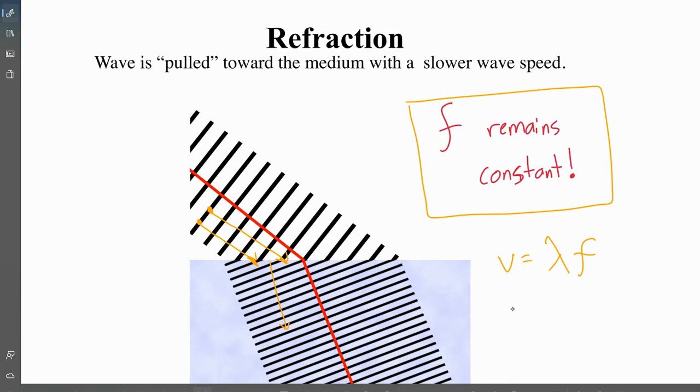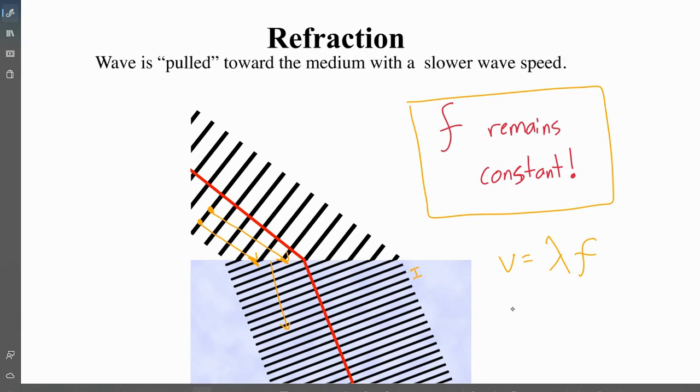So we get lambda times frequency, but you can see the wavelength gets shorter from each of these. So wavelength definitely got shorter. If wavelength goes down and velocity goes down, frequency actually has a net no change whatsoever.